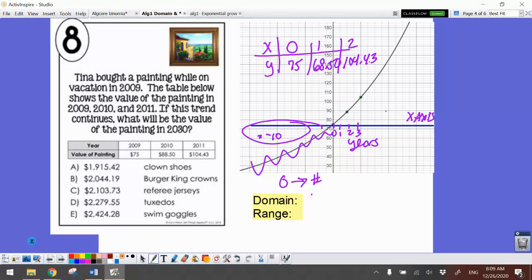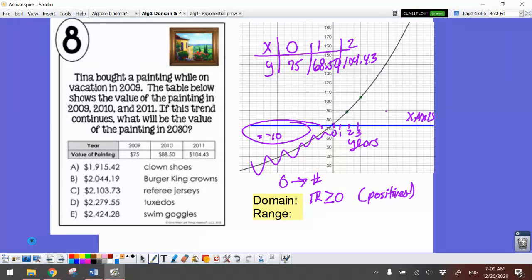Okay, so my domain is actually real numbers greater than or equal to 0 because I do have a starting point this time. My starting point was $68 and it's going up. So I'm only looking at the positives, because there's no such thing as negative years.